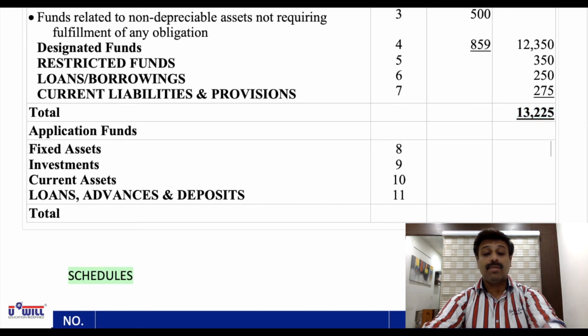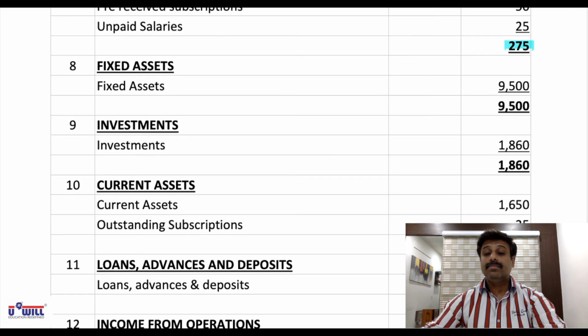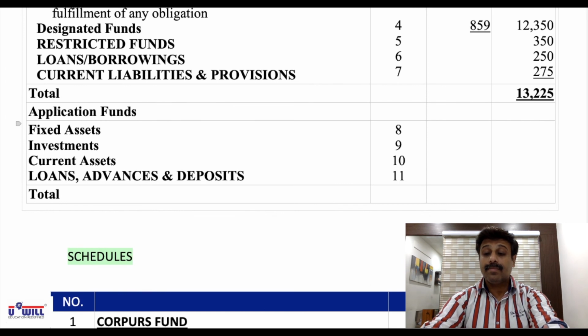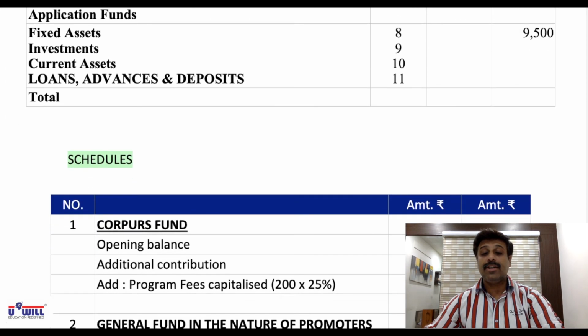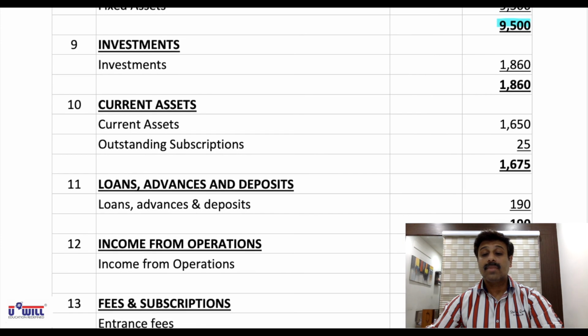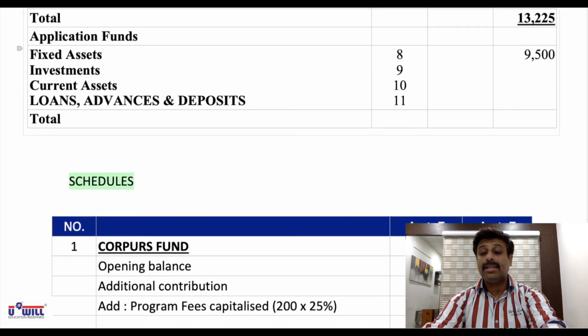Now application of funds, fixed assets, schedule 8, that we have 9500. Fixed assets as per schedule A 9500. Then investments as per schedule 9, 1860.